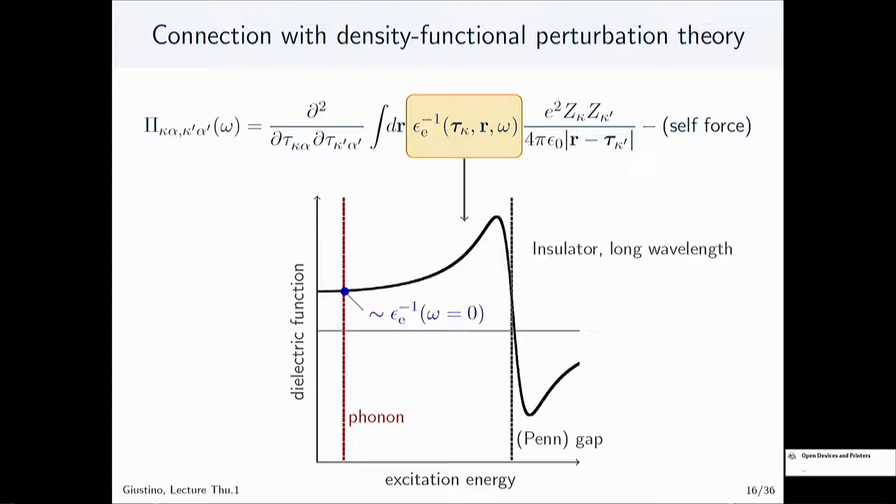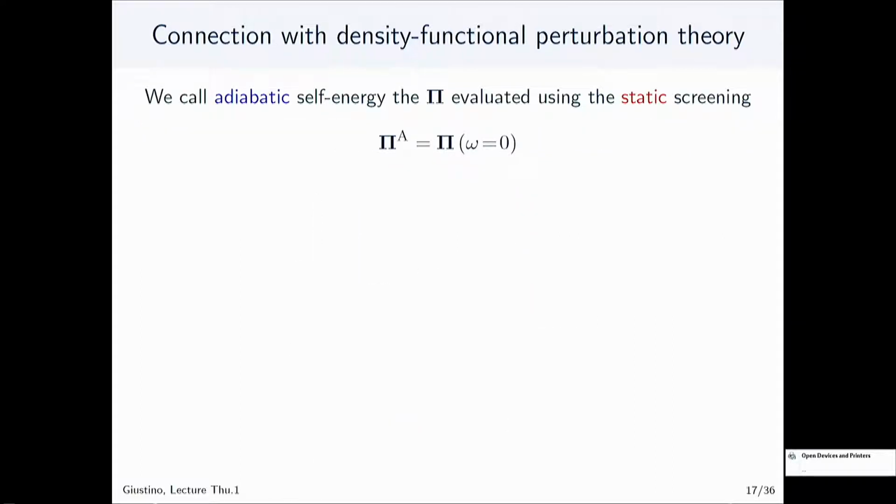We'll see now that in some cases it can be quite bad, but in most cases it's okay. So if you do that, you replace this dynamic screening by a form of static screening. That means I just take the self-energy at omega equals 0, and we call that the adiabatic self-energy, okay? Meaning that basically the electrons have all the time they want to adapt to the displacements.